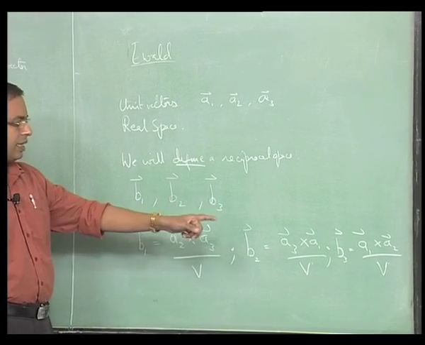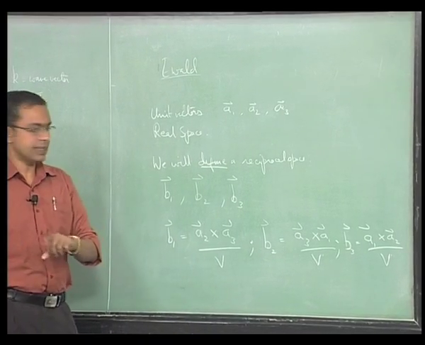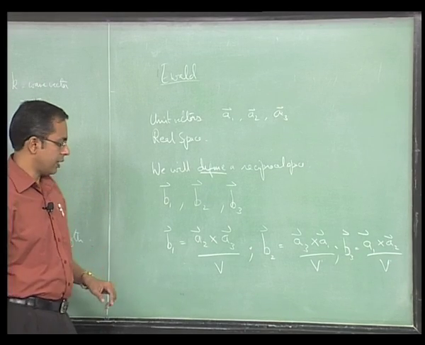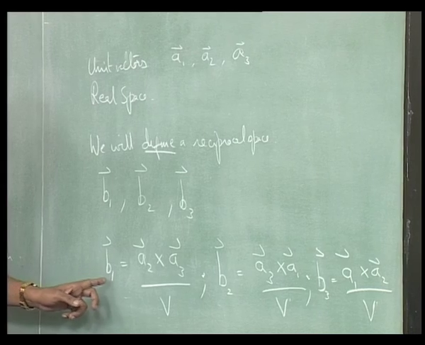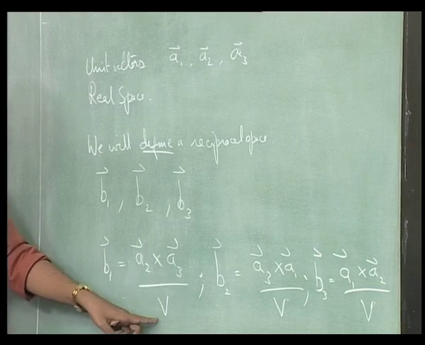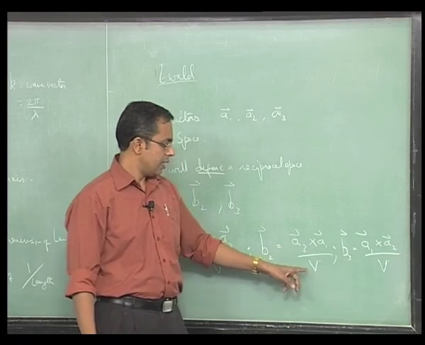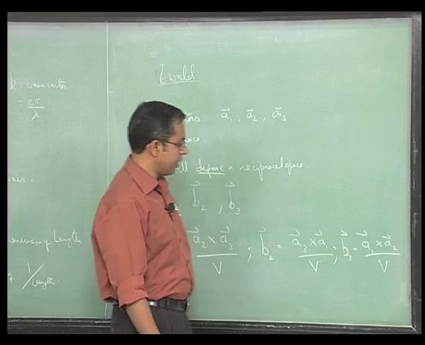B1, B2 and B3 are vector quantities, so they have magnitude as well as direction. A1, A2, A3 are also vector quantities, they also have magnitude and direction, and this is a cross product, and so it is defined that way. B1 is defined as A2 cross A3 by V, B2 is defined as A3 cross A1 by V, and B3 is defined as A1 cross A2 by V. Okay, so this is the way they are defined.